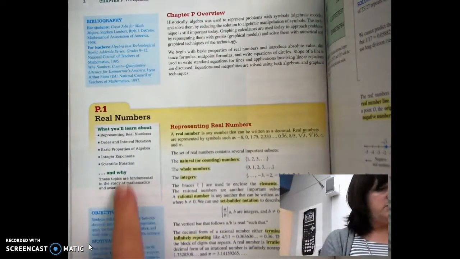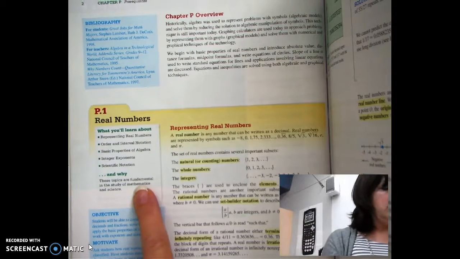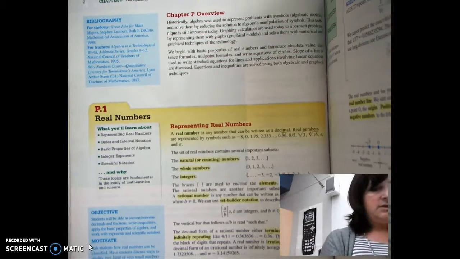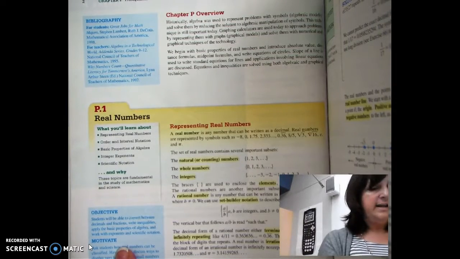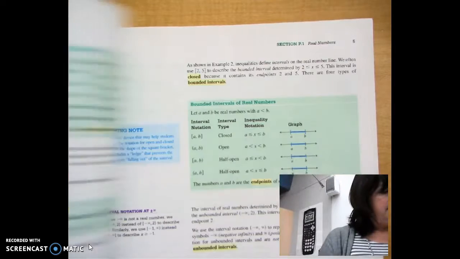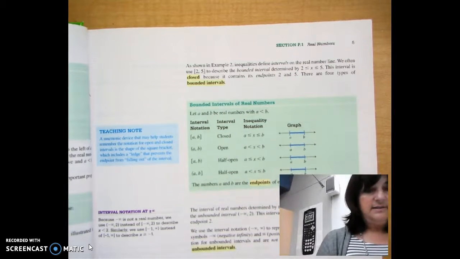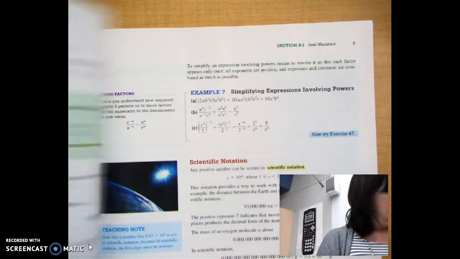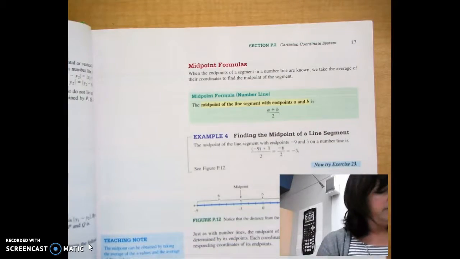Each section starts with what you'll learn about and why. There's information for the teacher right on the page. And then this particular thing has examples noted here, and some of these sections have an exploration.